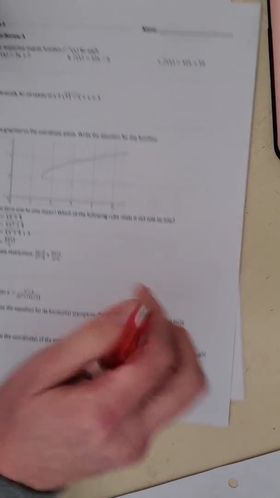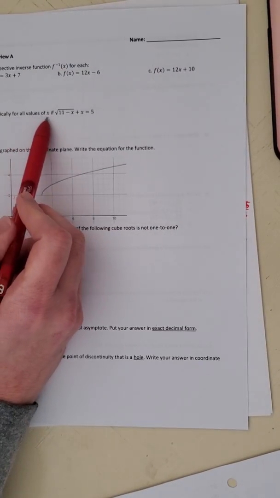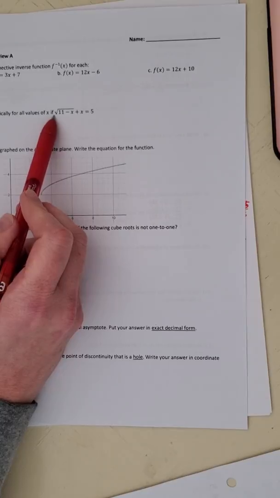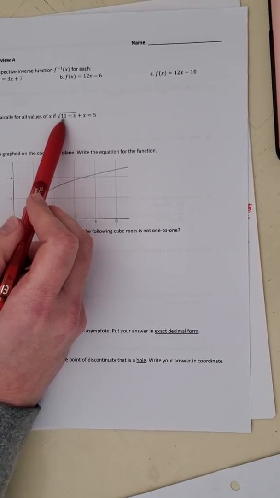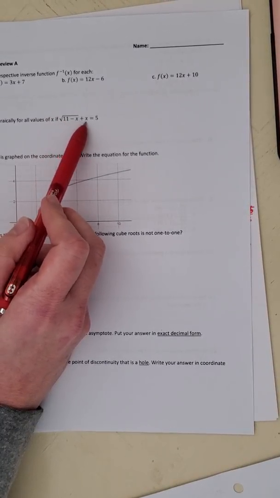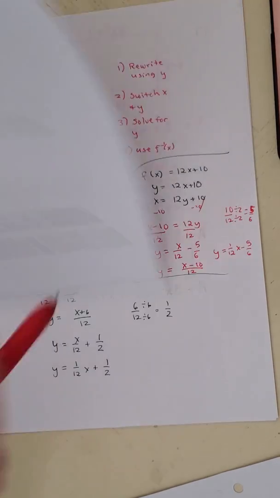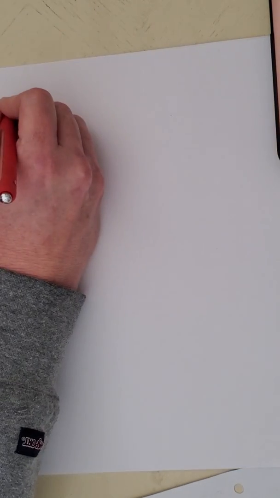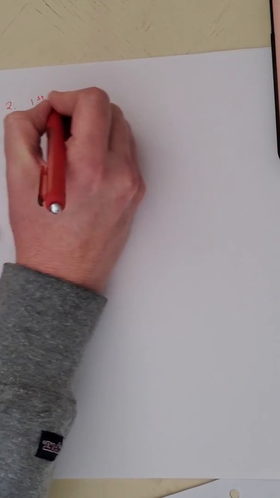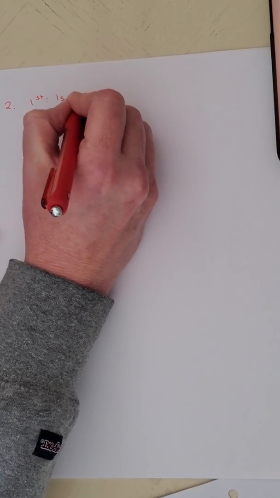Okay, next. Solve algebraically for all values of x: the square root of 11 minus x, plus x, equals 5. So remember that when we are solving square roots, first we need to isolate the radical.